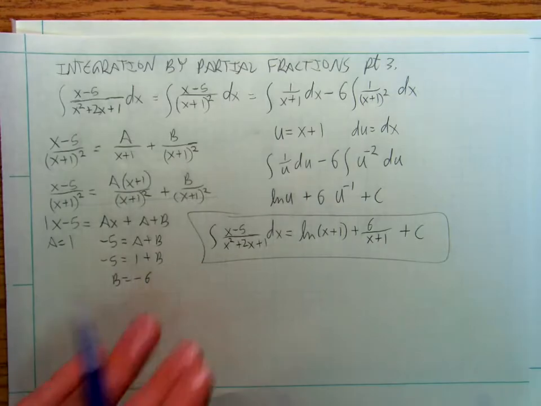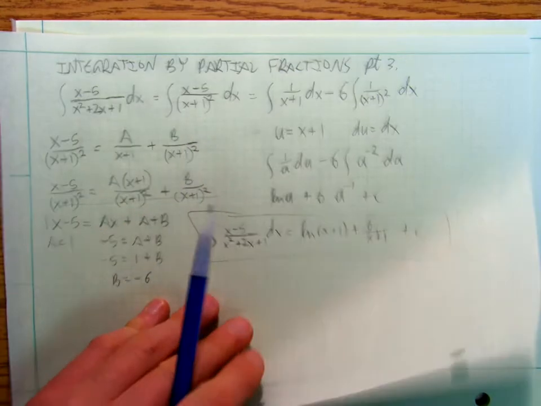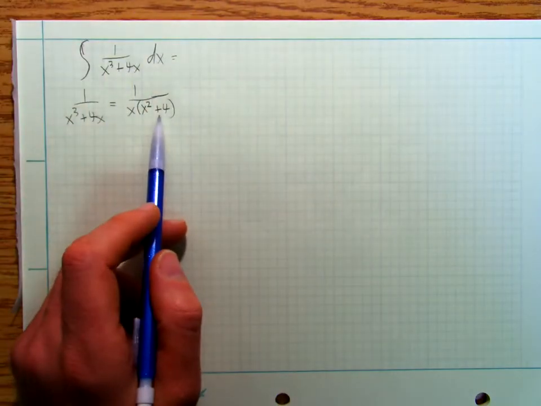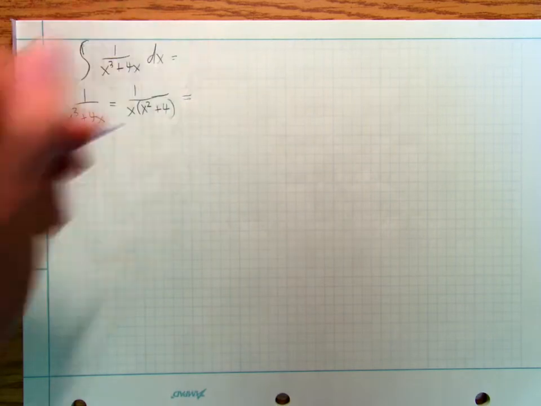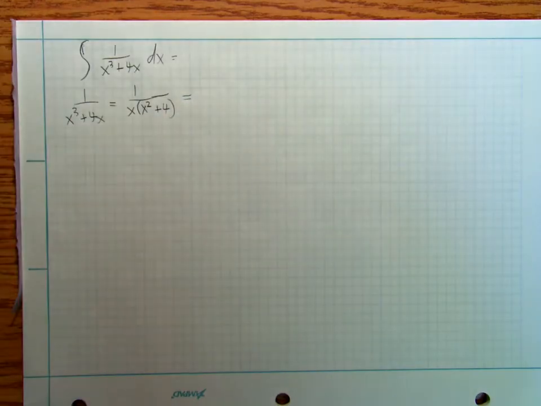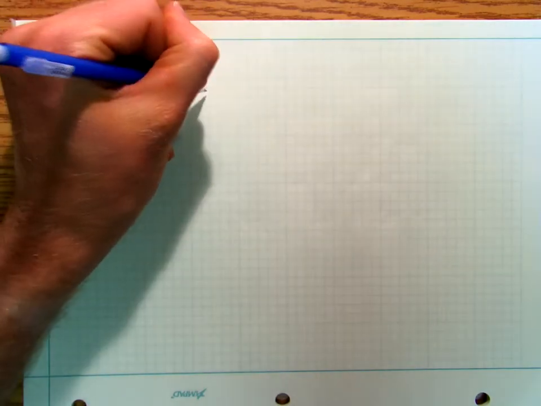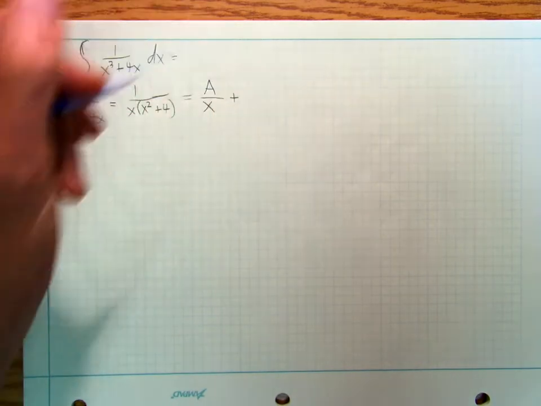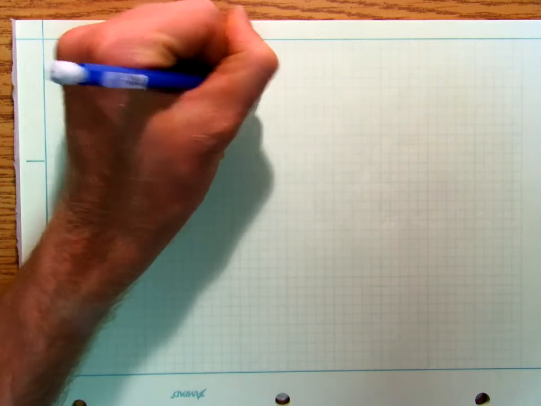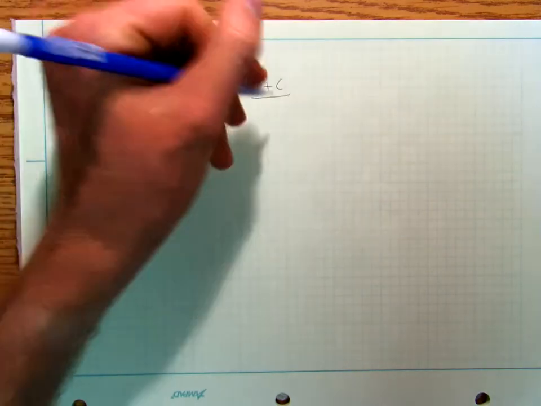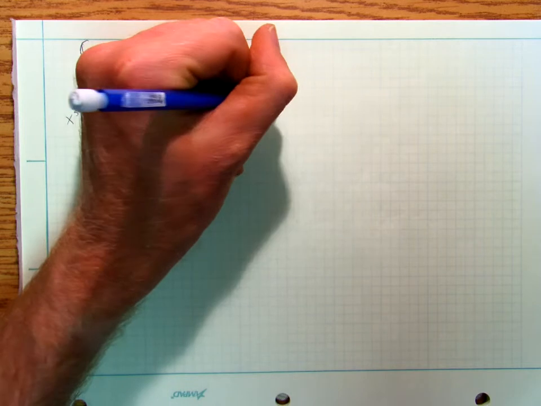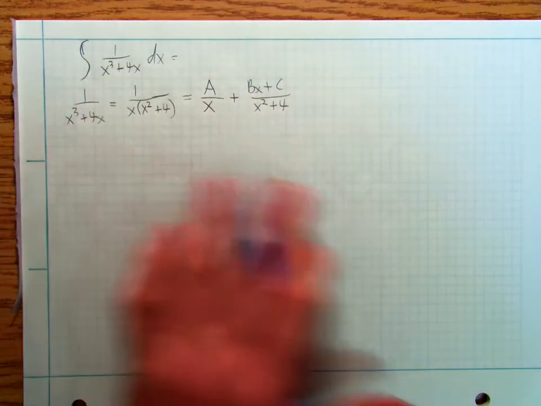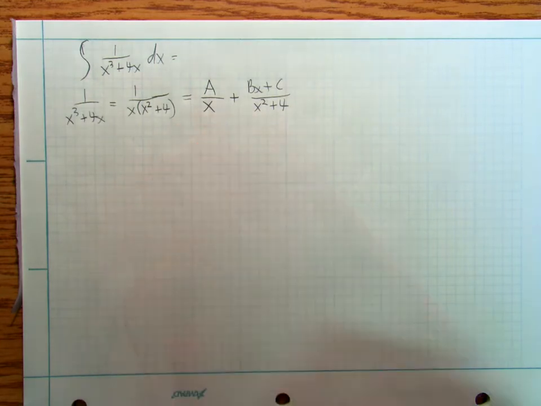In the previous example, we had a double factor. In this one, we have something that is not factorable down to a linear term. So again, if you look at your partial fractions rules, you're going to see that we write this one as a over x plus bx plus c over x squared plus 4. Why? That's just the partial fraction rule. I'm not going to get into explaining why in this video.